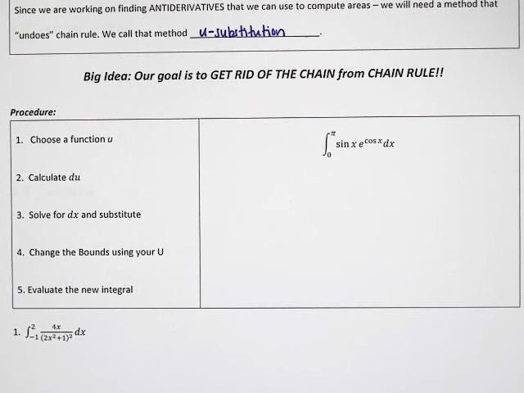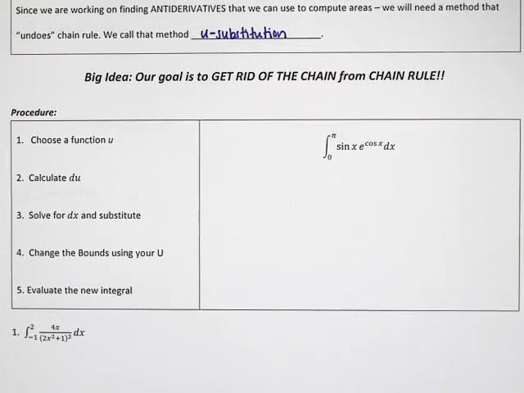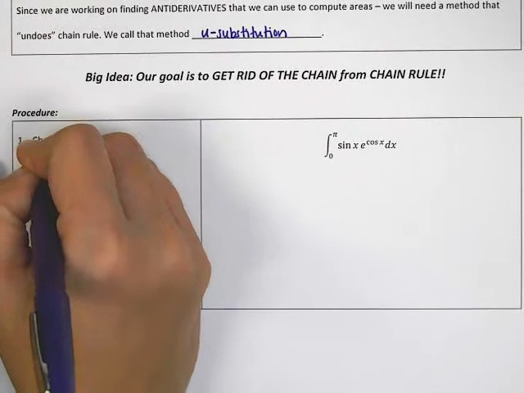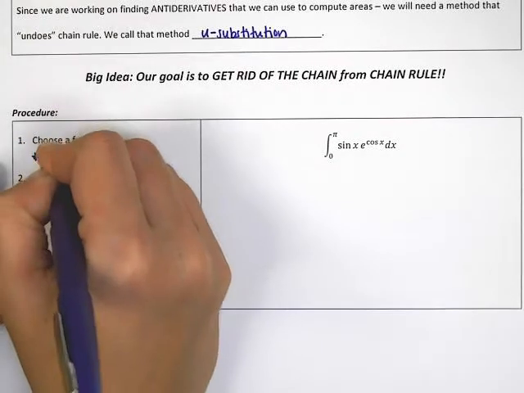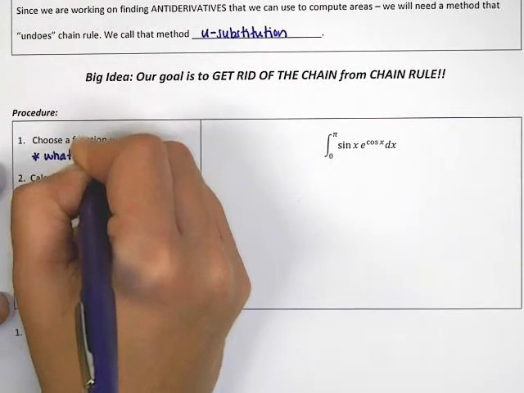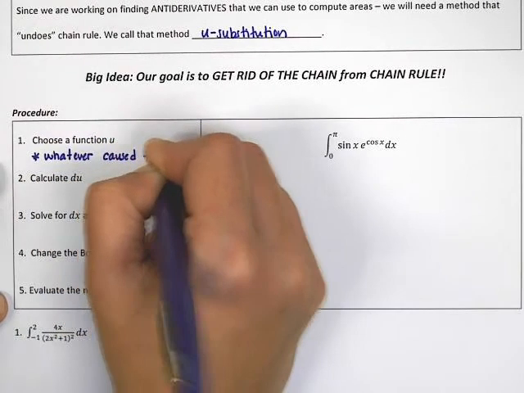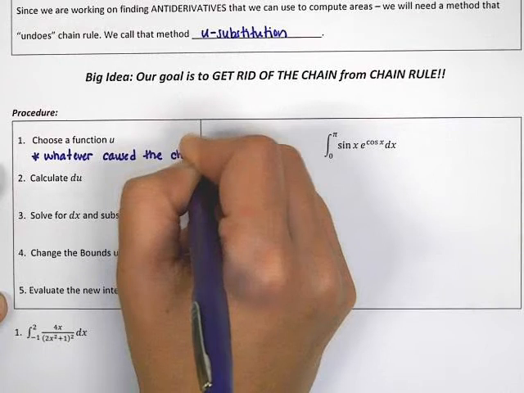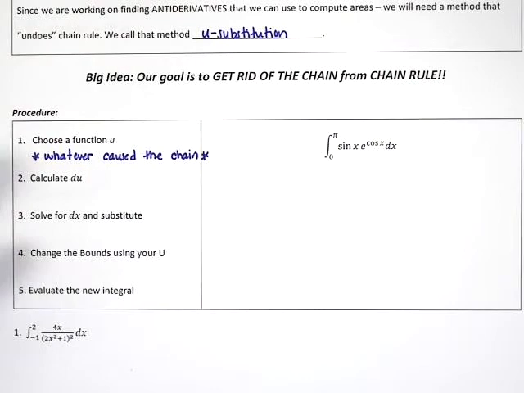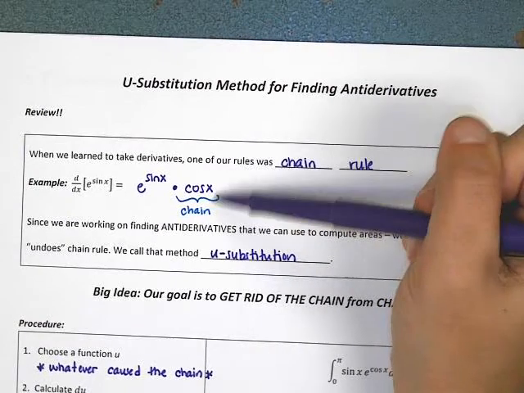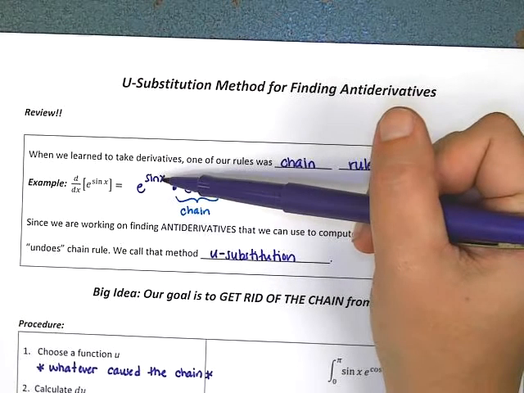So step one is going to be to choose what your U should be. Now here's the advice. Your U should be whatever caused the chain. So when I say caused the chain, here's what I mean. We needed chain rule here because this was a sine of x.